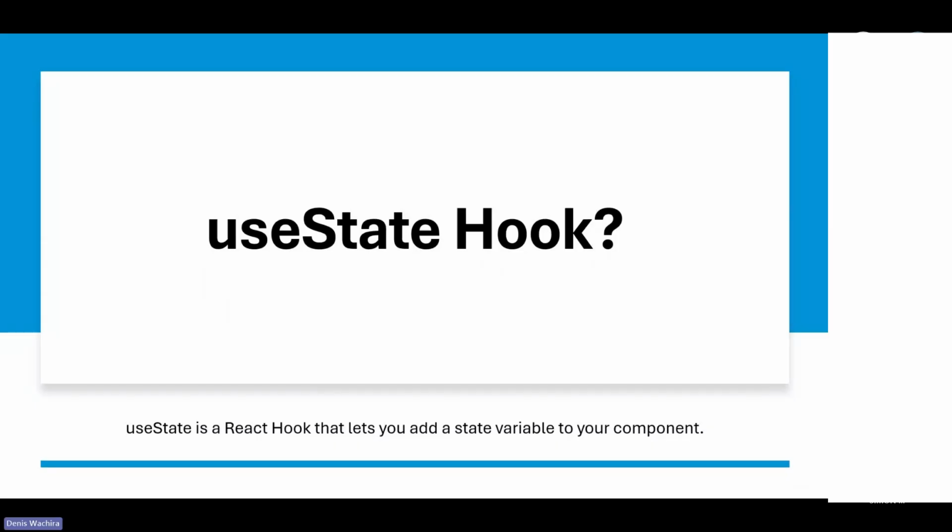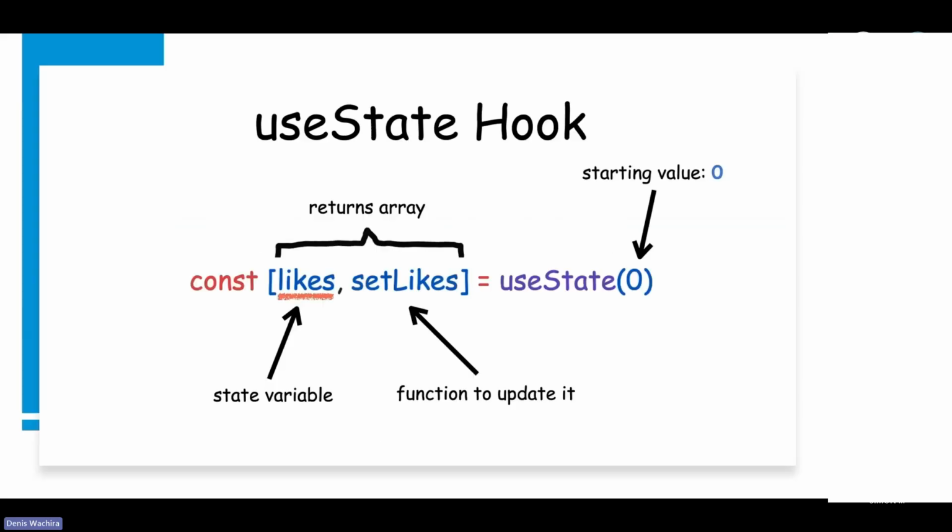So the useState hook is a built-in React hook. It lets you create a state variable and a function to update it. When you call the update function, the component refreshes with the new state. So how do you use the syntax of a useState hook?